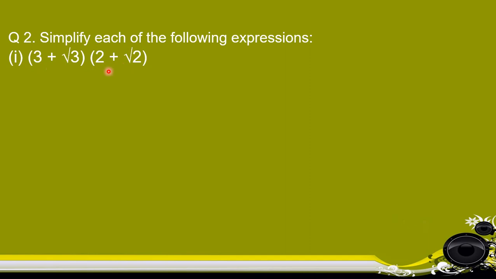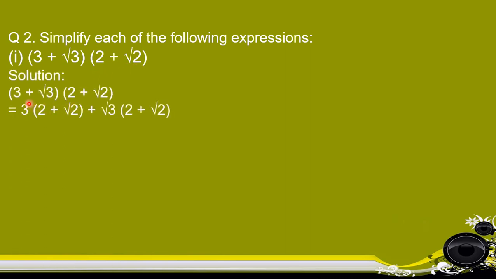In the same way here also we will multiply: 3 multiplied by the quantity inside the second bracket, 2 plus root 2, and then plus root 3 again multiplied by the quantity inside the bracket, 2 plus root 2. So its solution is like this: 3 multiplied by 2 plus root 2, plus root 3 multiplied by 2 plus root 2.